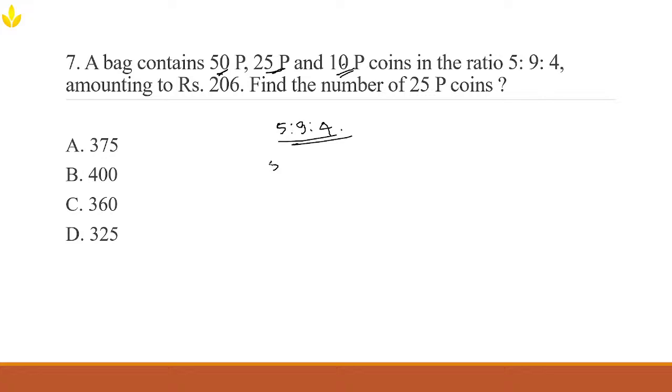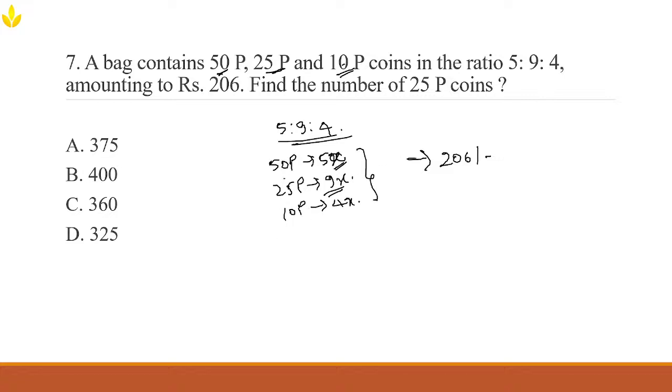That means for 50 paise we have 5x number of coins, for 25 paise we have 9x, and for 10 paise we have 4x. So now we need to add all these values so that the total value is 206 rupees, and we have to find out the value of x first. Then we can find out how many 25 paise coins there are.